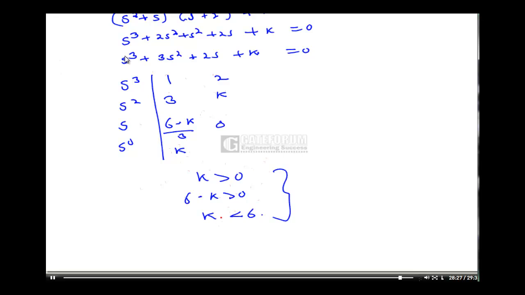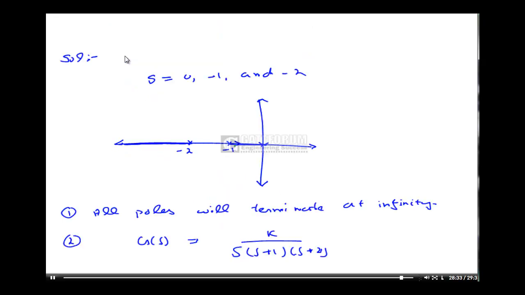For a value of k equal to 7, this is unstable. If I come to my root locus, my two poles will come together at one point. That will be the breakaway point. After coming to this point, they will break apart, and at some value of k, the poles will move to the right hand side of the S-plane.